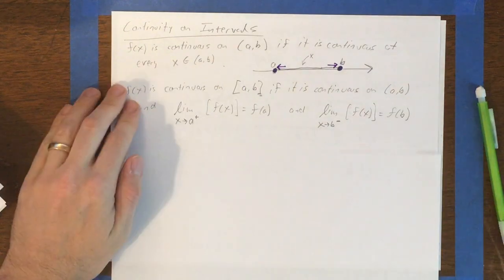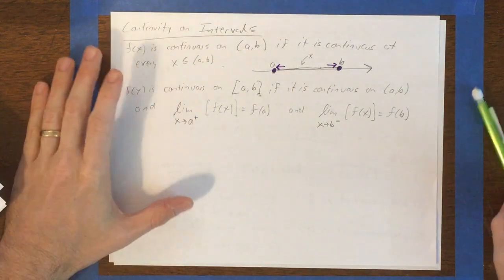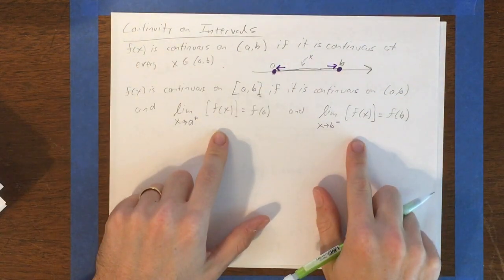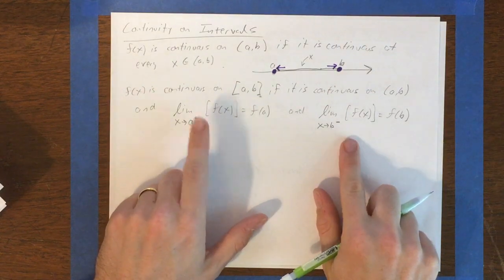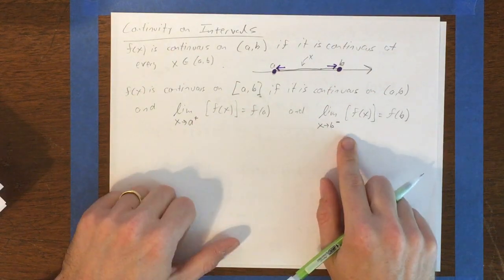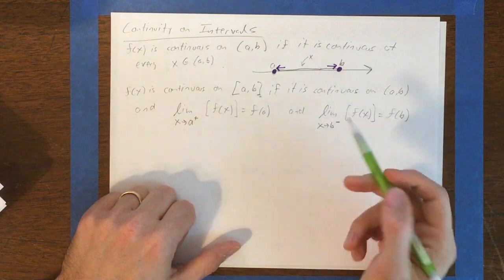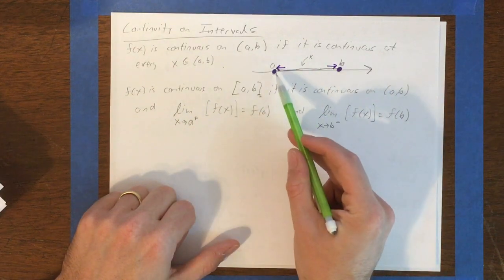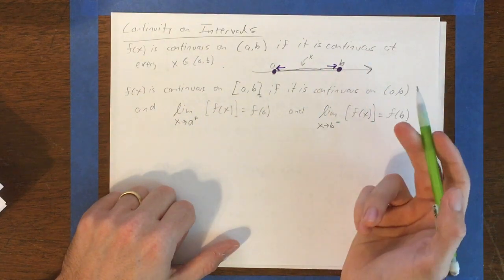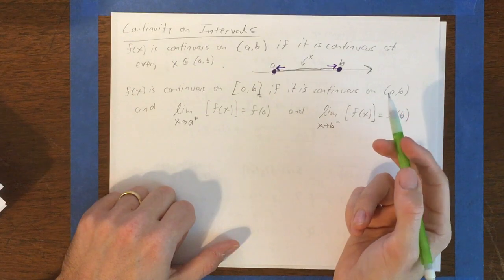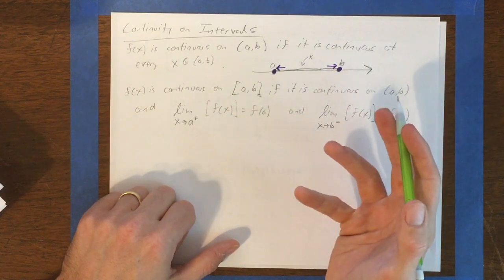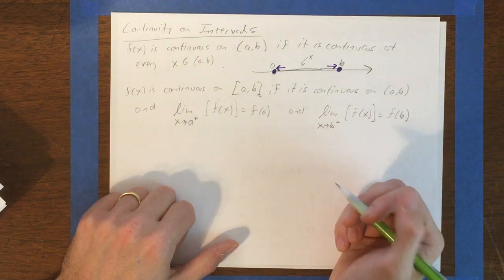So these two statements here are a lot like the definition of continuity, except they're using one-sided limits. The reason we're using one-sided limits is because for continuity on the closed interval, we only care about what's happening if you approach from inside the interval. That's why we use one-sided limits for this.